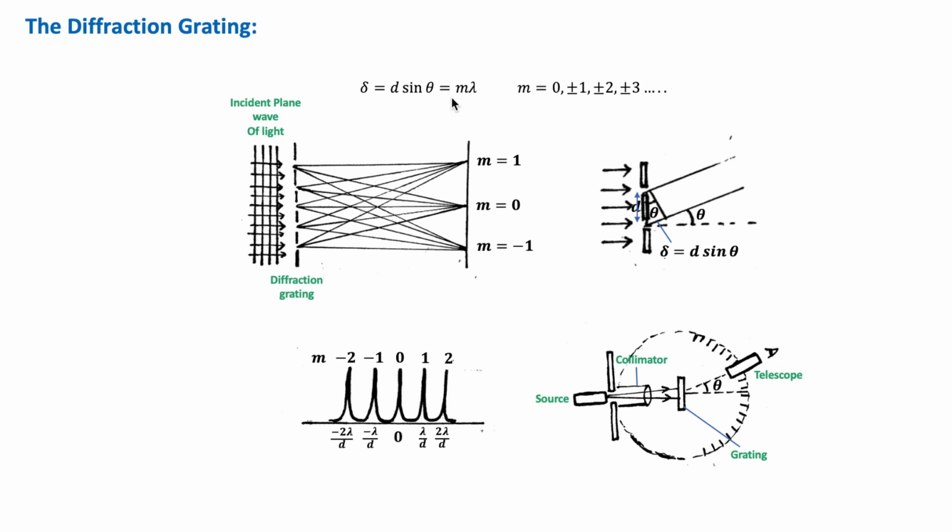So the condition for maxima in the interference pattern at an angle theta, if the light is normally incident to the plane of the grating, is given by this equation. As you can see, this is identical to the condition for a bright fringe in the interference of Young's double slit experiment. So this equation of the diffraction grating is valid for any number of slits from 2 to any number n.